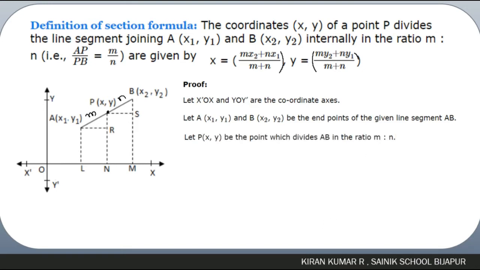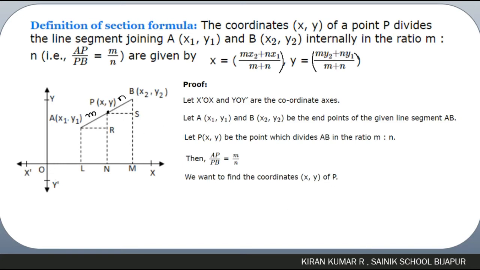Let P (x, y) be the point dividing the line segment AB in the ratio m is to n. Then AP by PB will be m by n. Now we have to find the coordinates x, y of this particular point P.